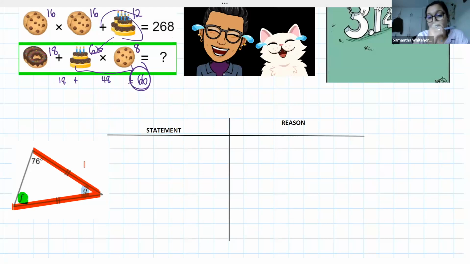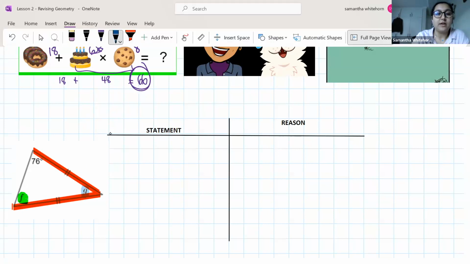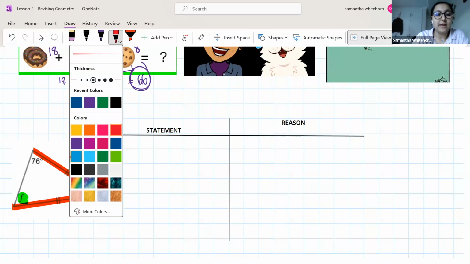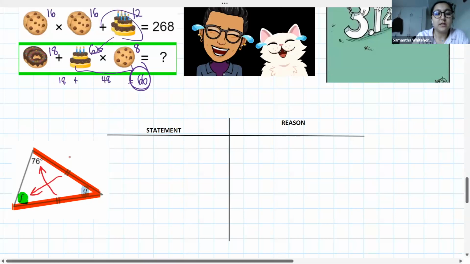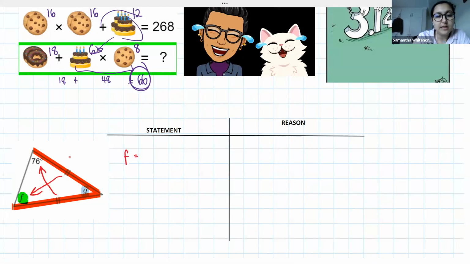Remember, we've got a reason that deals with equal sides. When we have been given equal sides, we know that the angles opposite those equal sides are the same. So that automatically means I know that F is 76 degrees, and my reason, and I'll be careful here, is angles opposite equal sides. It is the angles that are opposite the given equal sides.